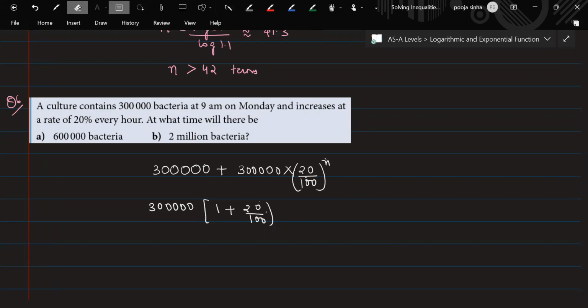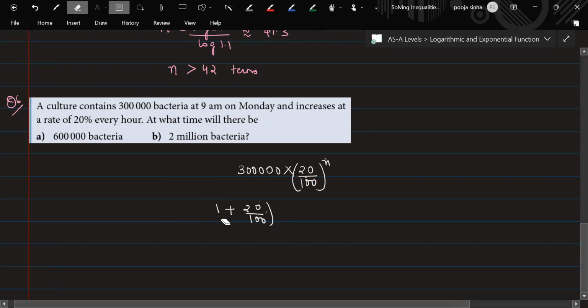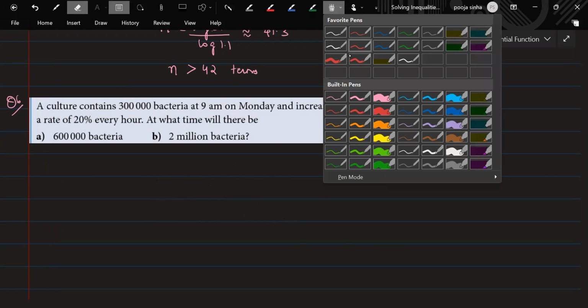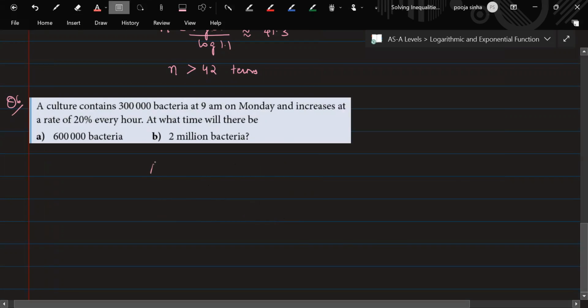The n will be on the 20 upon 100. Do you remember what an AP is? What is the formula for AP? A plus n minus 1 d. But here it is like compound interest.